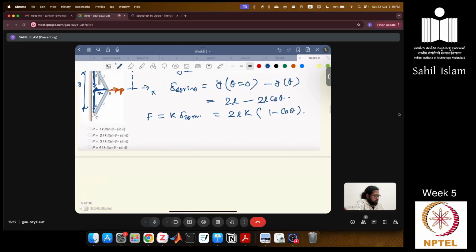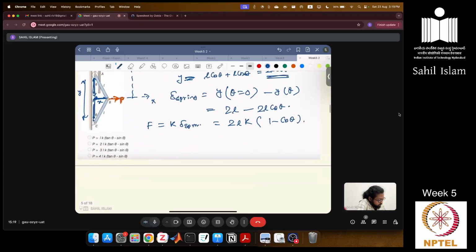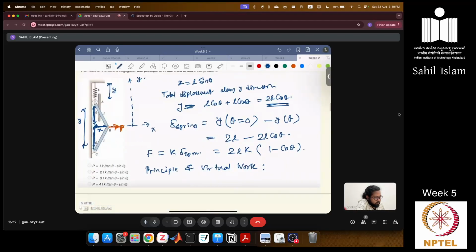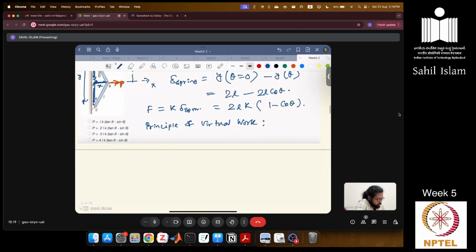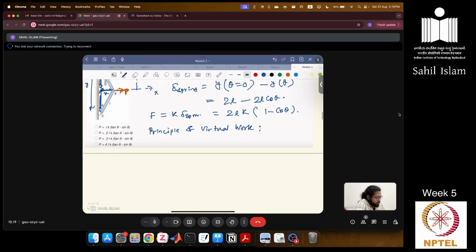Principle of virtual work. Now let's apply the principle of virtual work. The total work done in the system should be 0. The total work done is force along the x direction times displacement along x, plus force along the y direction times displacement along y, delta y.